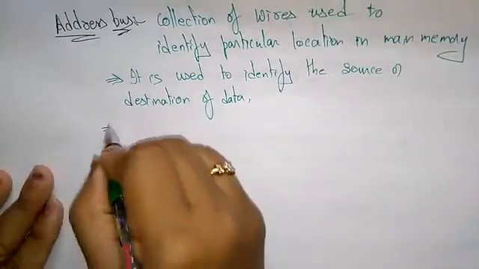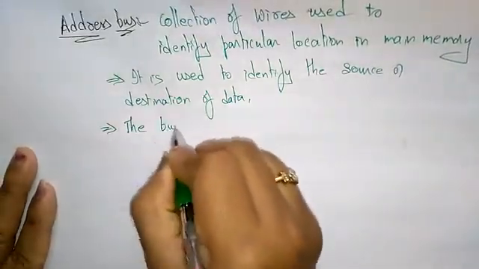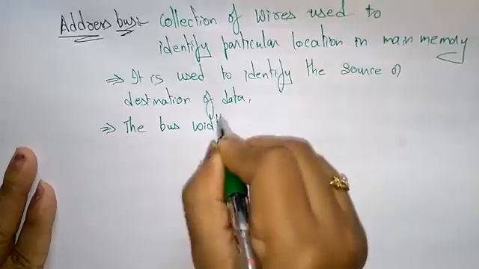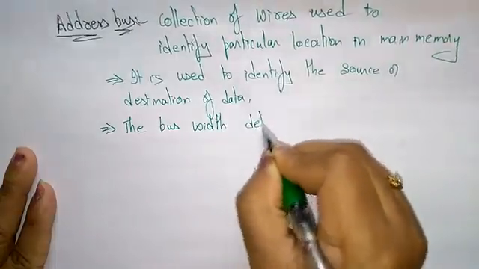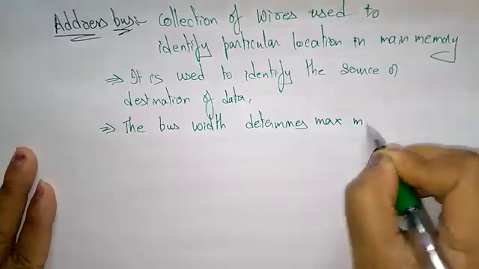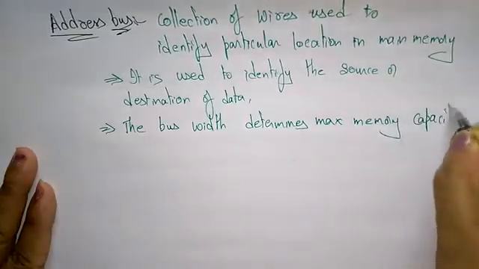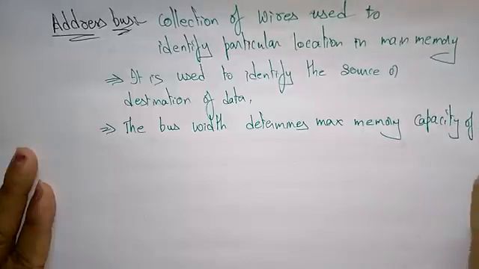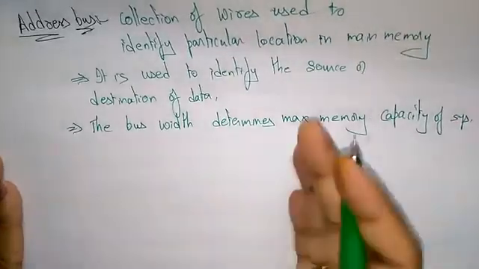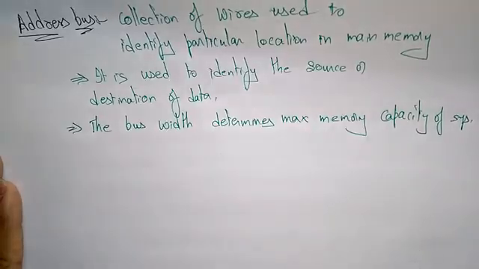And coming to the width of the bus, how can you say the bus width? The bus width of the address bus determines the maximum memory capacity of a system. What does it mean? The data bus width is determined by the number of lines it is carrying.